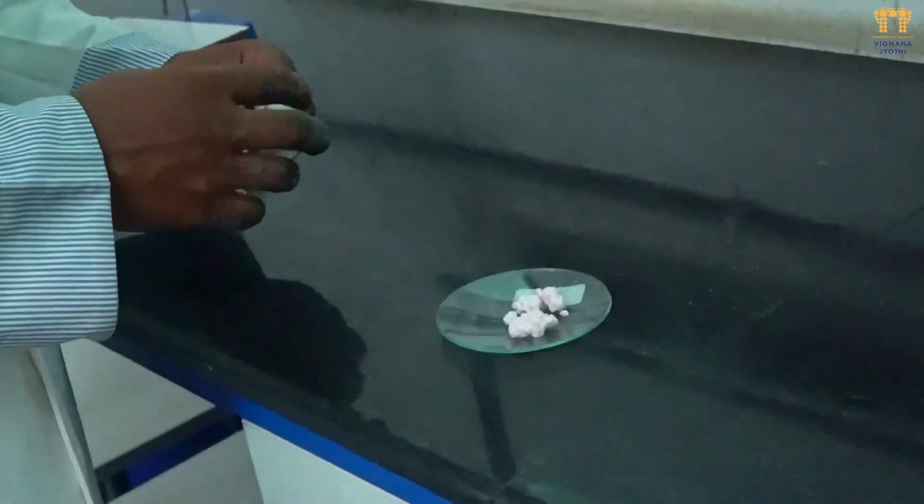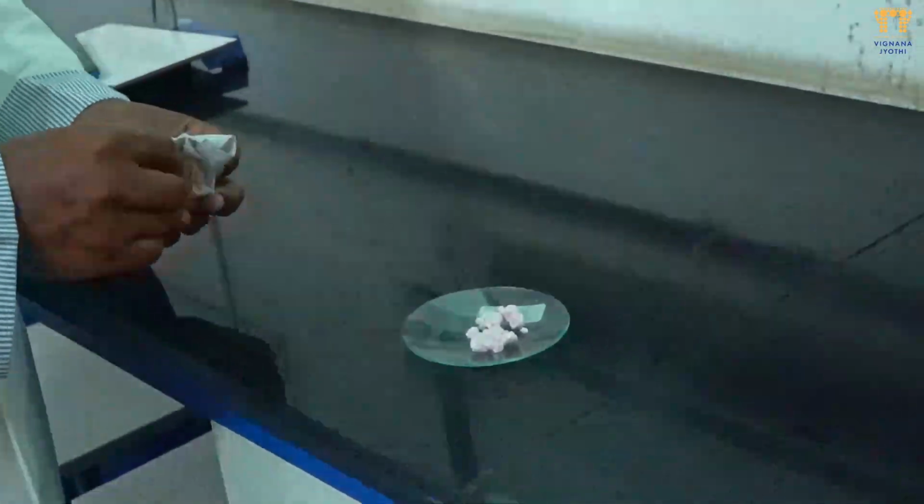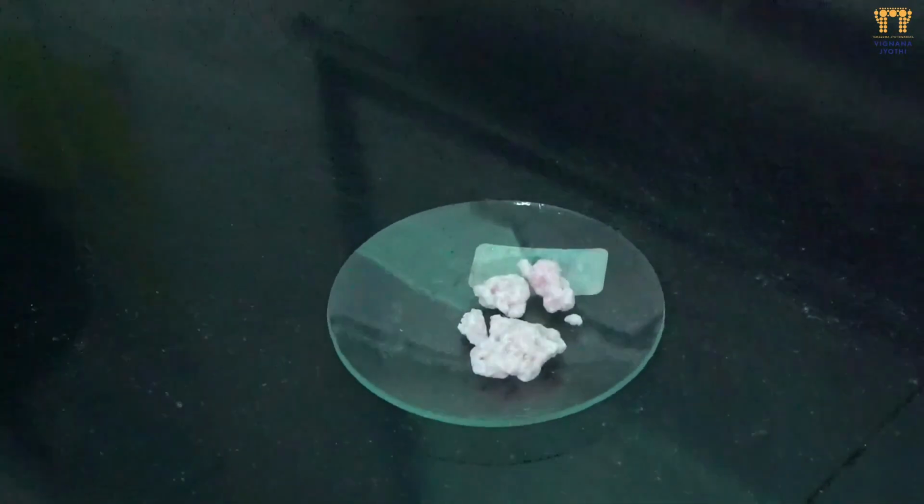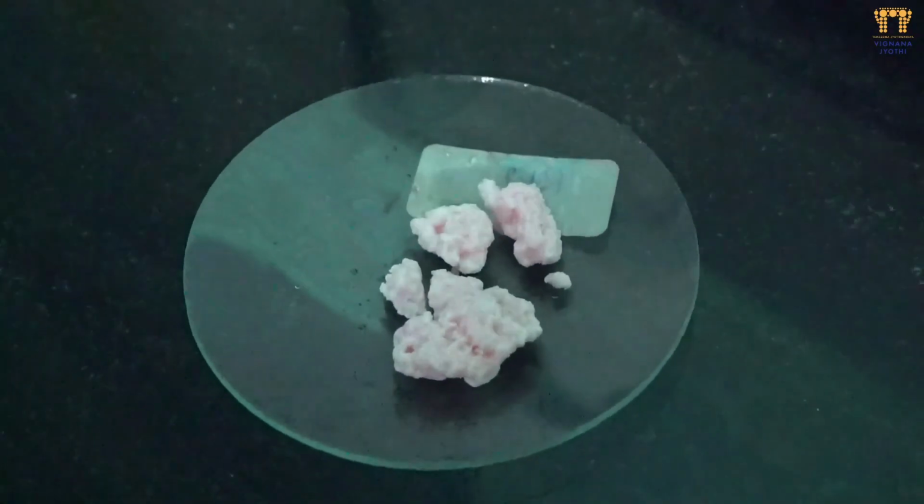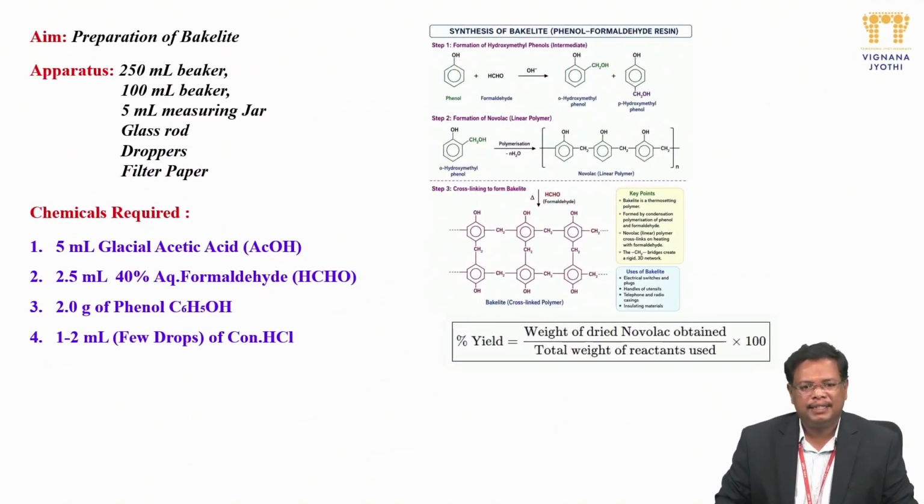This is the Novolac product with some malleability. So this is the way to prepare our bakelite in our laboratory. The pink colored product is formed, which we can see here. So finally we can find the yield of that product.